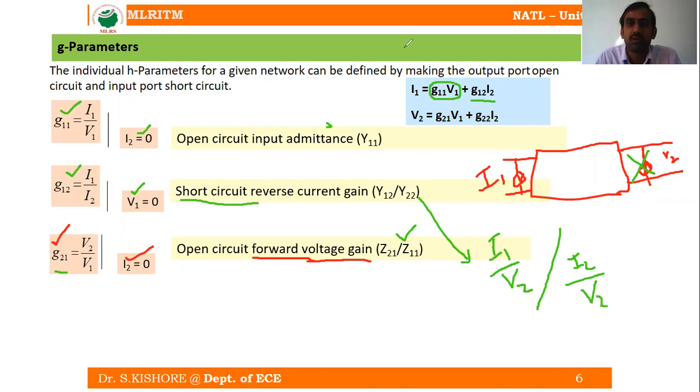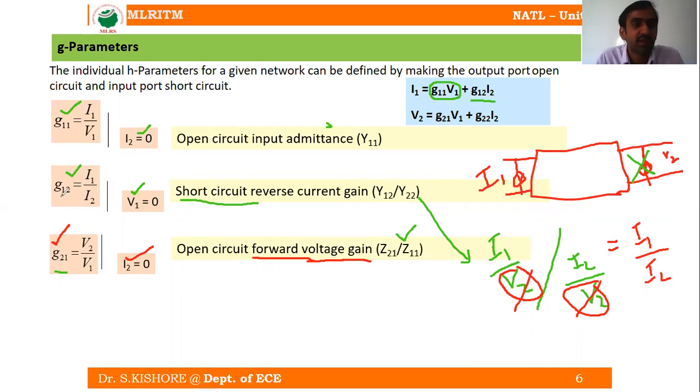Now from this ratio you can see that this denominator is V2 and that denominator is also V2, so they get cancelled, and thereby we have I1 by I2. So we can write this as Y12 divided by Y22.